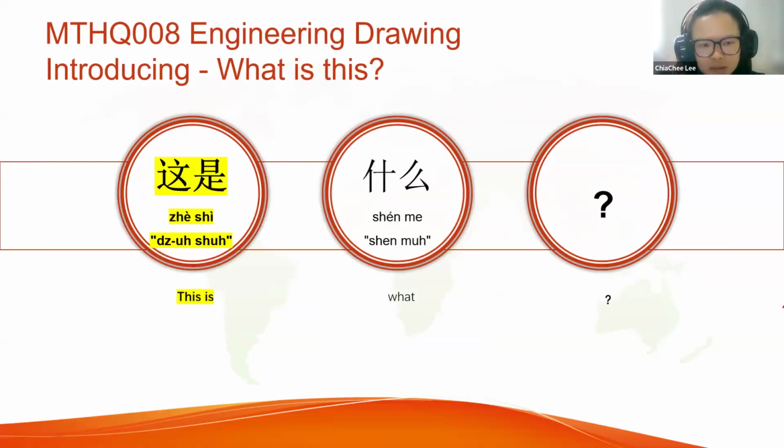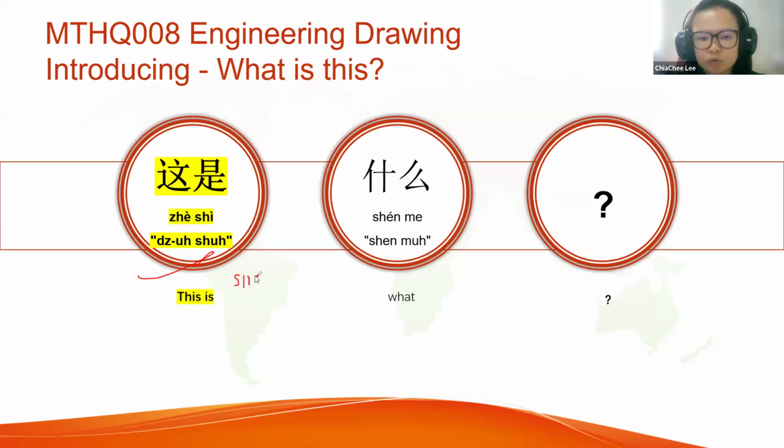这是什么? 这是什么? Actually, we have been asking this question in MTHQ033 when we were exploring the engineering drawing. Yes, so the question is 这是. Shi is easy for us to pronounce as yes sir, no sir.